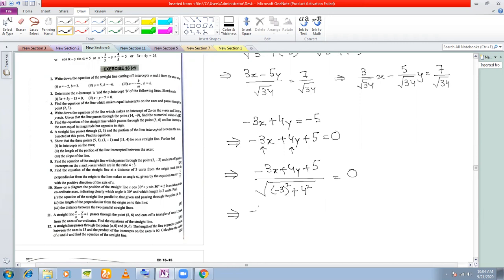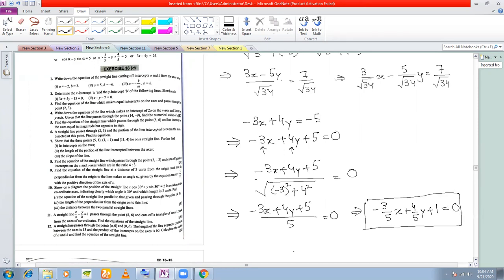That means you get minus 3x plus 4y plus 5 divided by this, which becomes 5, equal to 0. This means minus 3 by 5 x plus 4 by 5 y plus 5 by 5, which is 1, equal to 0. This is the required normal form of the equation of the straight line.